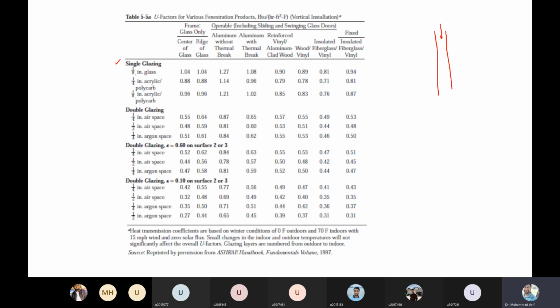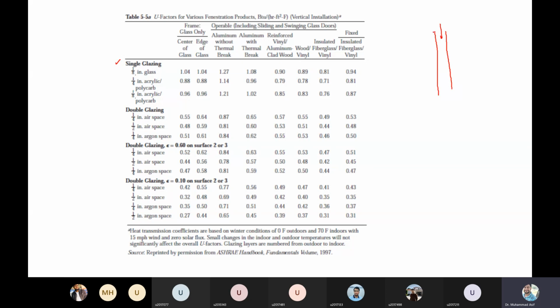For example, for the frame, because the window consists of various components: the aluminium without thermal break, aluminium with thermal break, the reinforced, or the aluminium clad wood, or the insulated fiberglass. So for different types of windows, you can get the overall heat transfer coefficient, because you know that there are various types of fenestration.